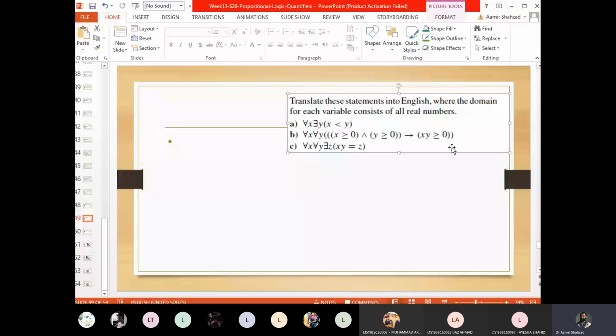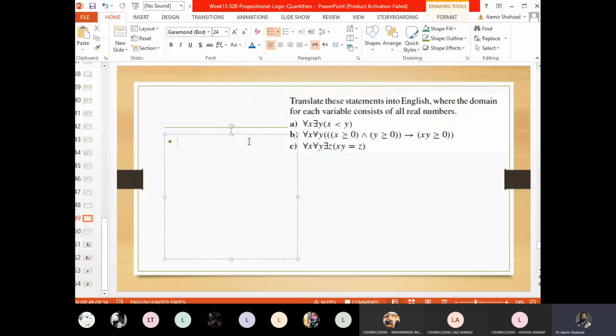जबकि हमारे पास x और y real numbers हैं. So for all x, there exists a y such that x is less than y. हमारे पास जितने भी real numbers हैं, we can find a number which is greater than these x numbers.